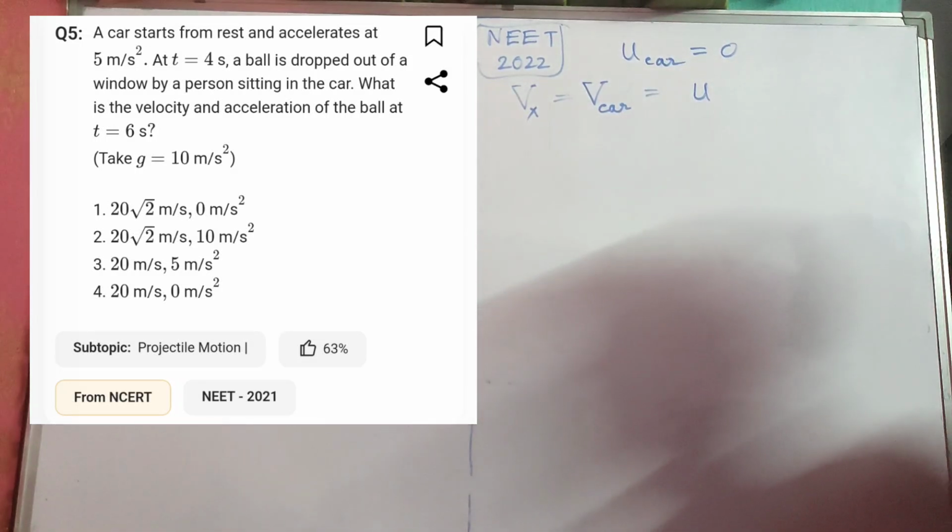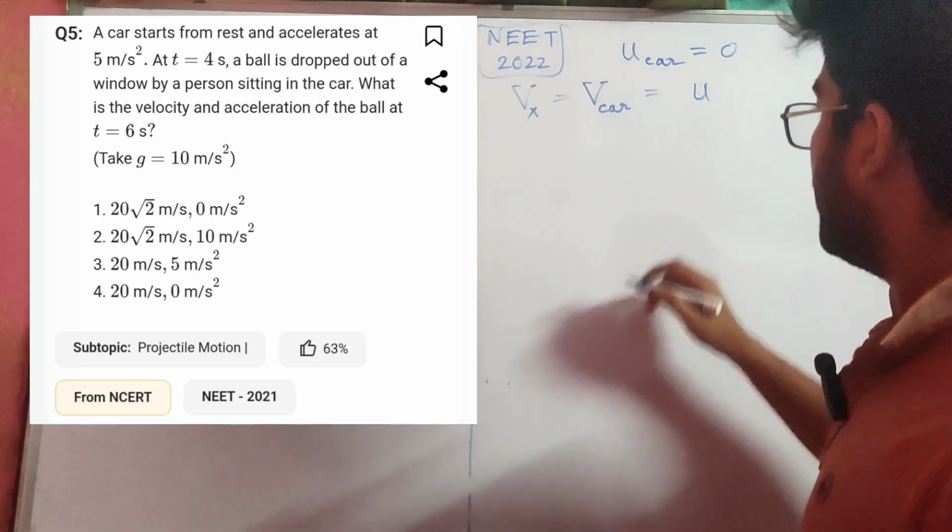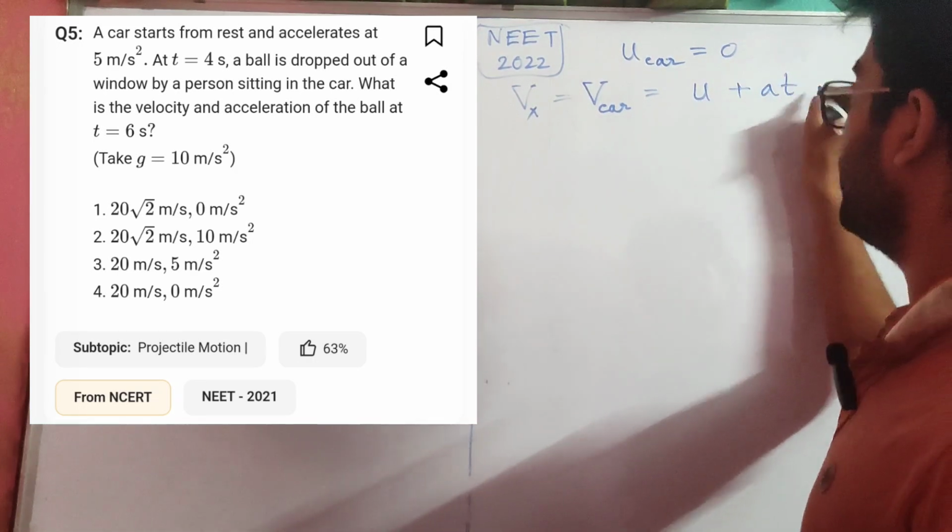From the formula of one-dimensional motion we know u plus at.